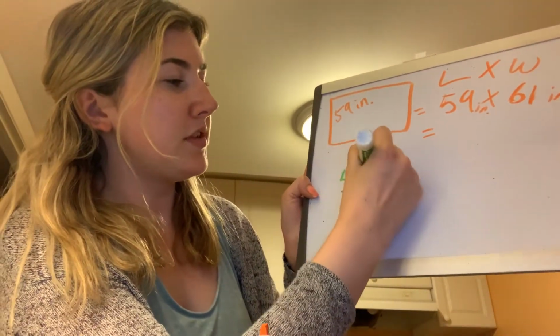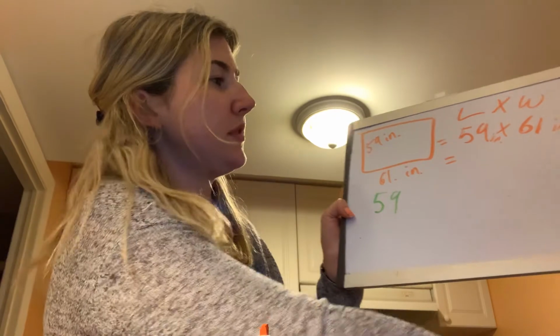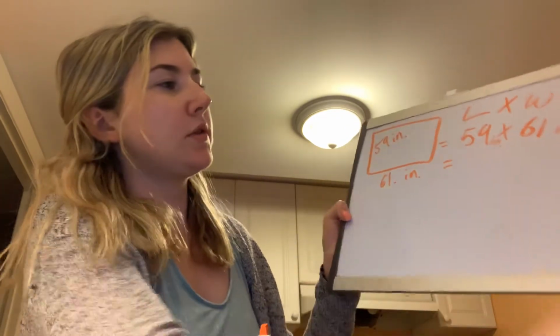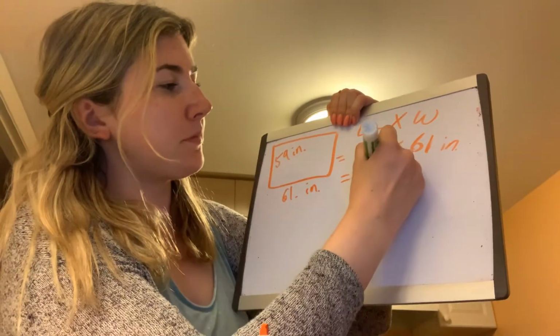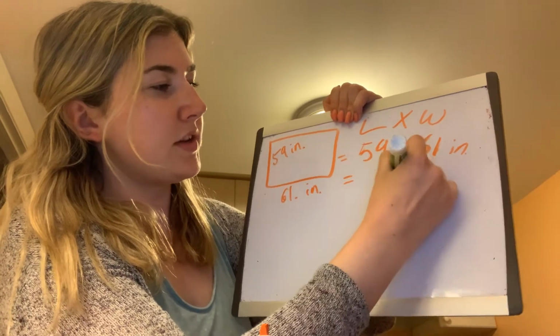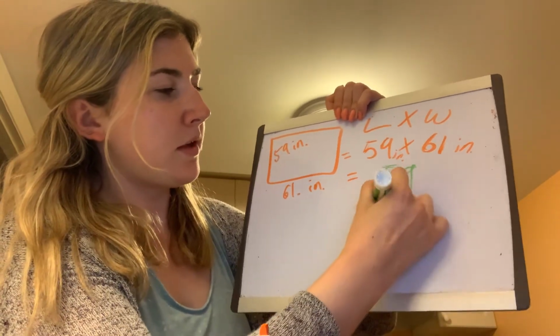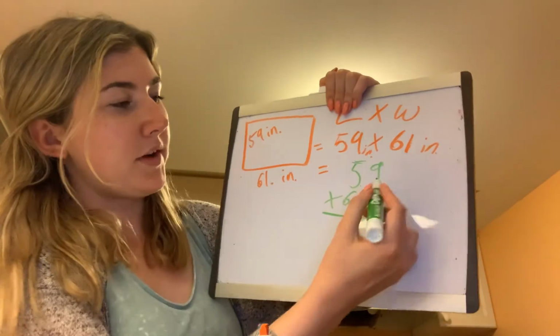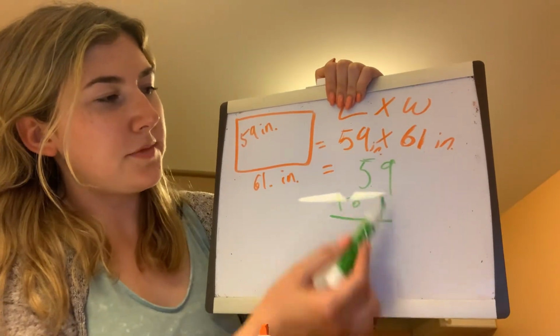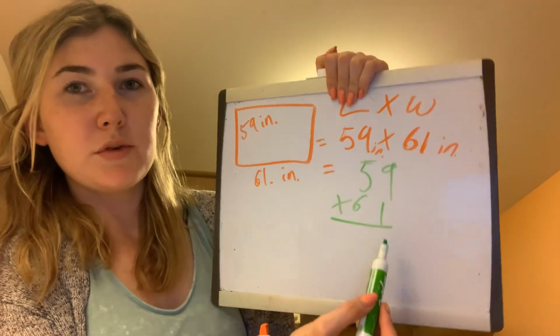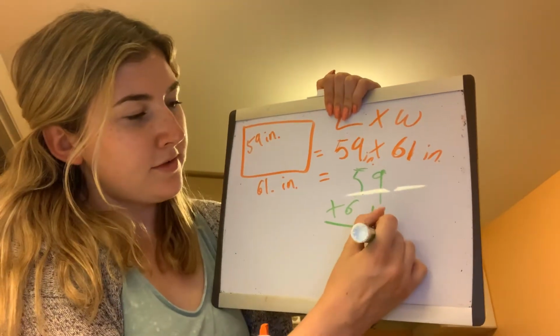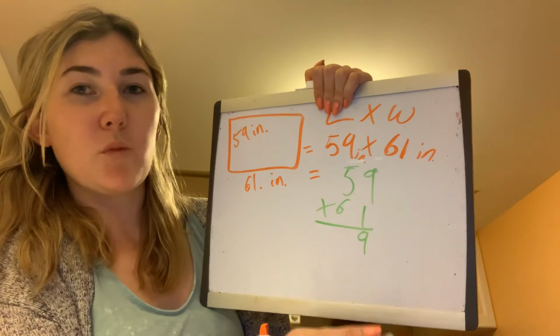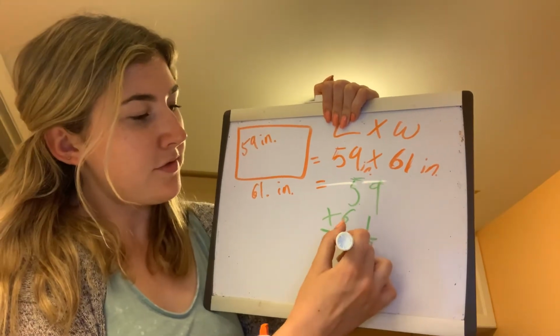So we have 59. Oops, I'll need more space. So I'll solve it here first. We have 59 times 61. All right, so first let's do our ones column. So we have 9 times 1, which will give us 9. Then we have 5 times 1, which will give us 5.